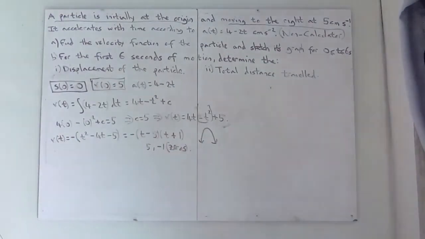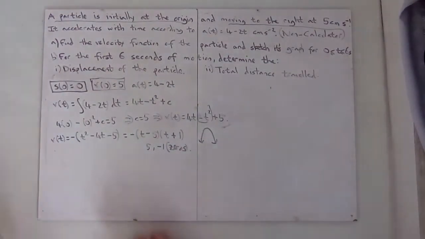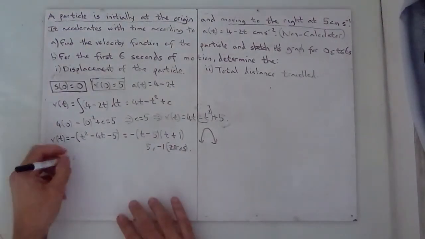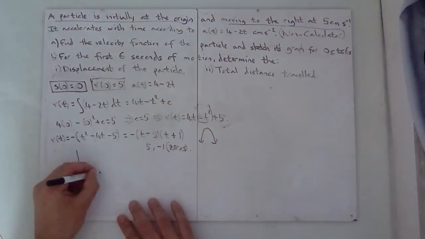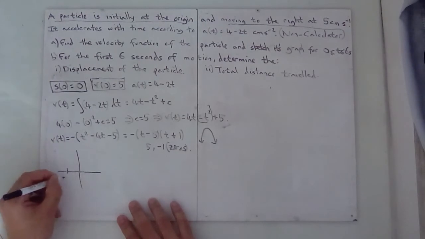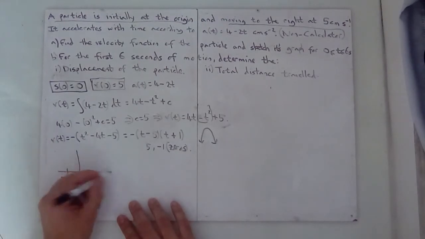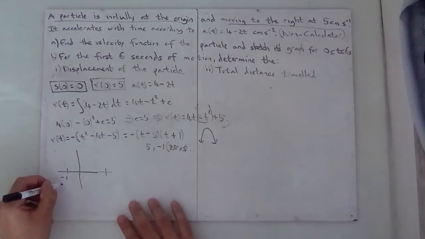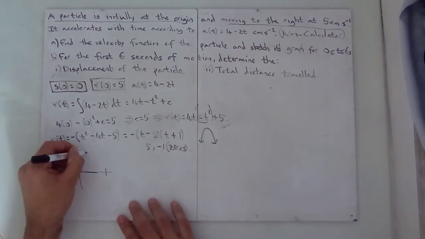But we're sketching from 0 to 6. So the graph would have a zero at minus 1 and at 5, and it would do something like that.